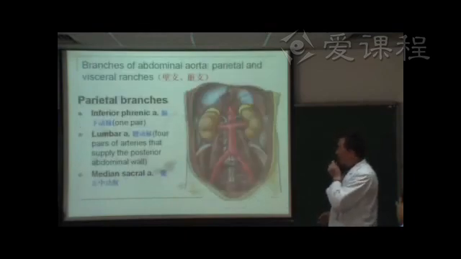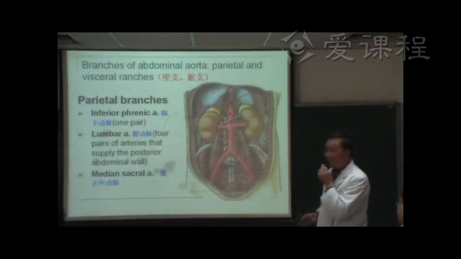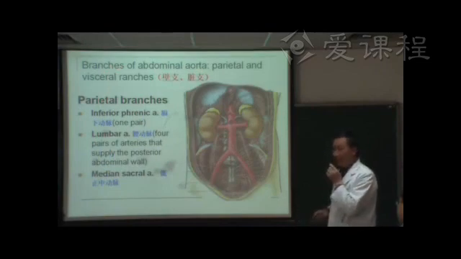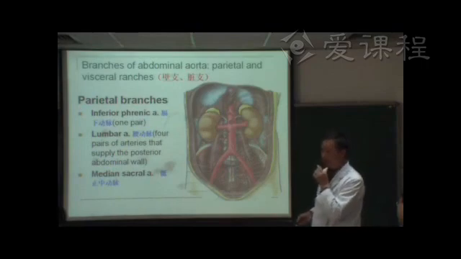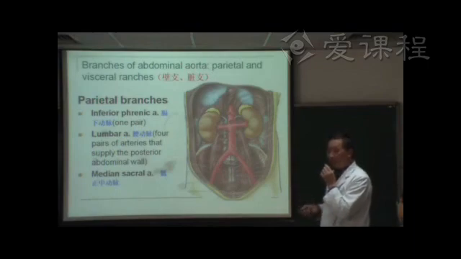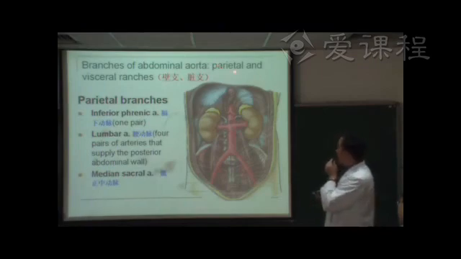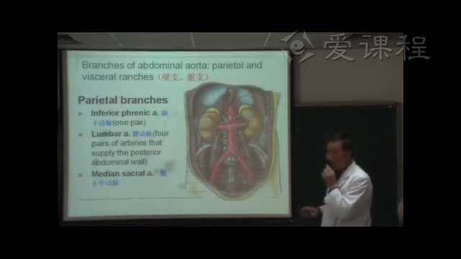Now, we review the branches of the abdominal aorta. As we already know, the abdominal aorta gives off two kinds of branches. One is parietal and another is visceral branches.